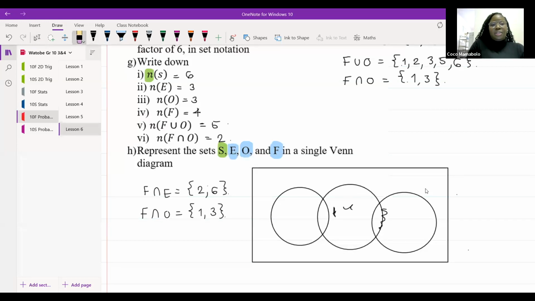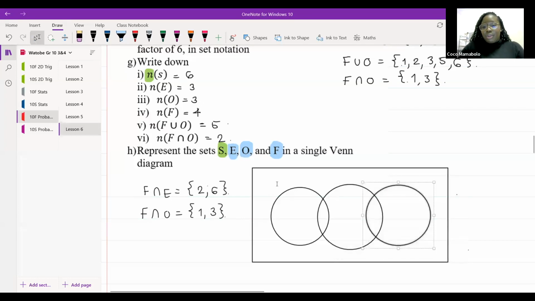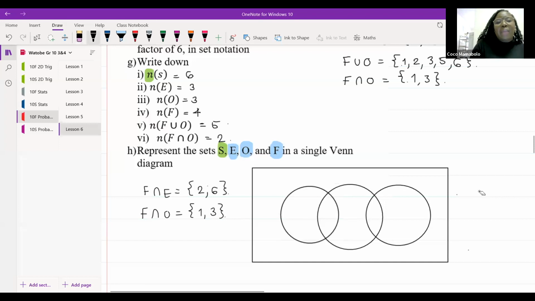All right. So if we name these, we're going to name them E, F, and O. Why would I put F in the middle? What do you think? Because it's our sample space. Well, it's not really a sample space, but it has both of the things that we need.